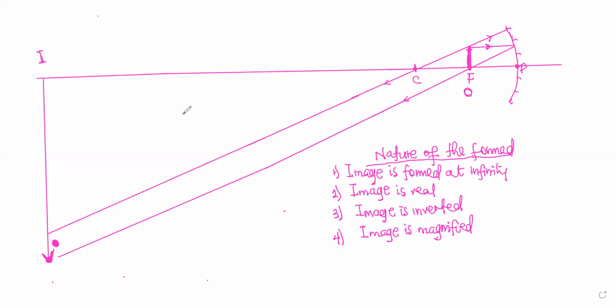Okay, so back to you. Now, if the object is at infinity, how do we draw a ray diagram to form the image?